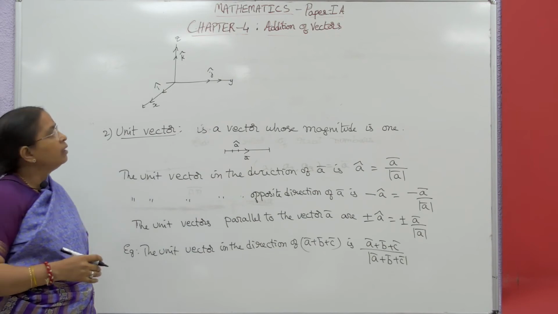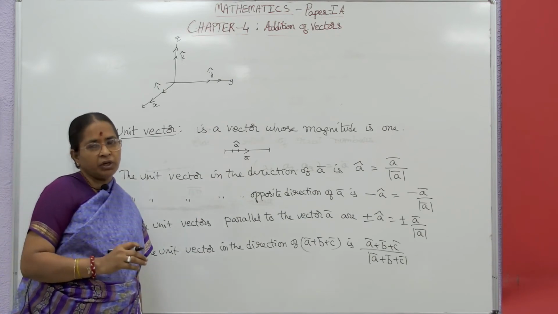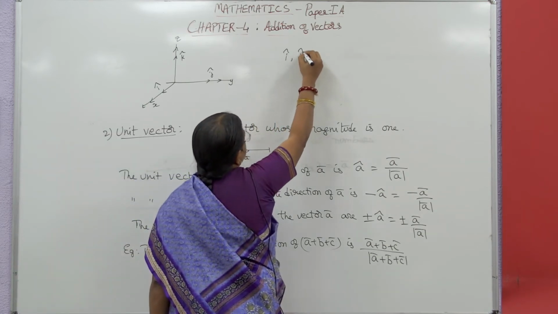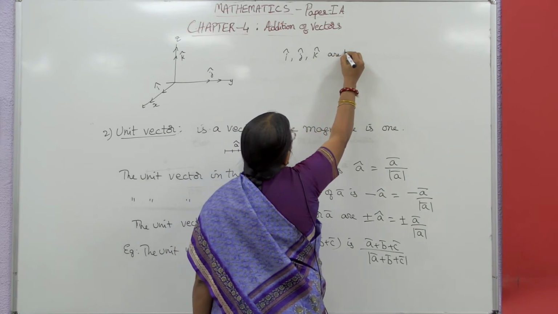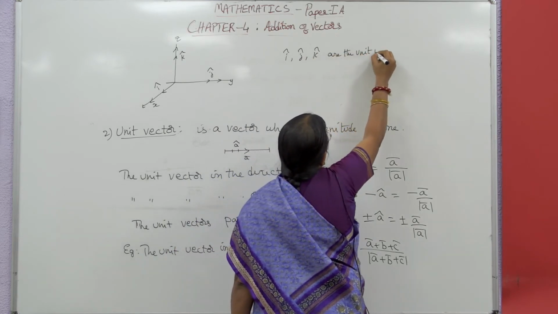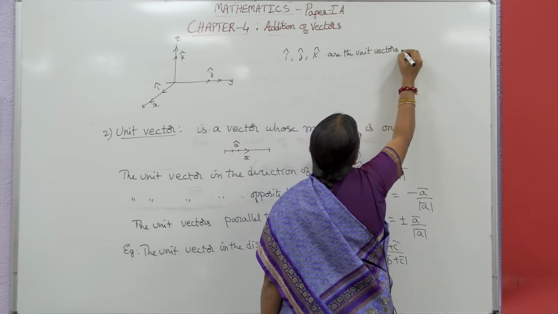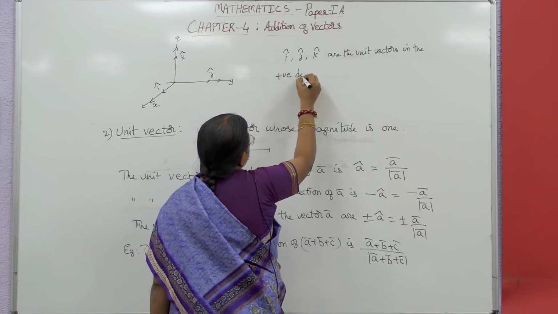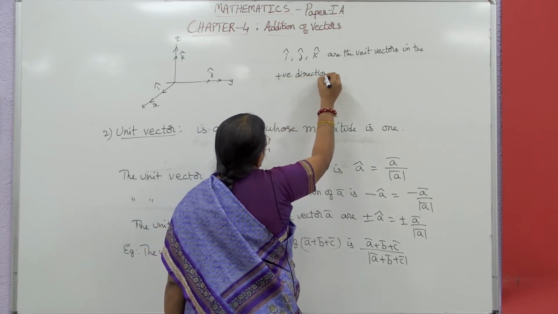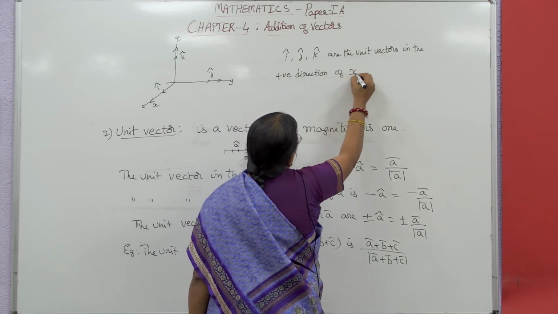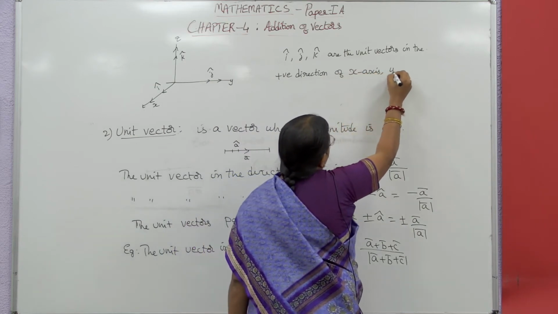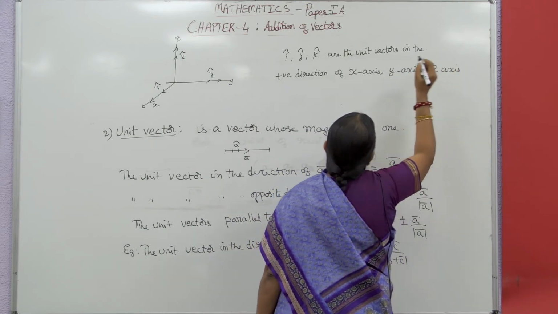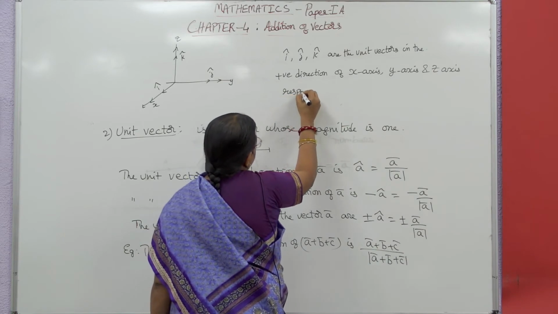So these are the standard vectors that we use in vector algebra. So i cap, j cap, k cap are the unit vectors in the positive directions of the coordinate axes, in the positive direction of x-axis, y-axis and z-axis respectively.